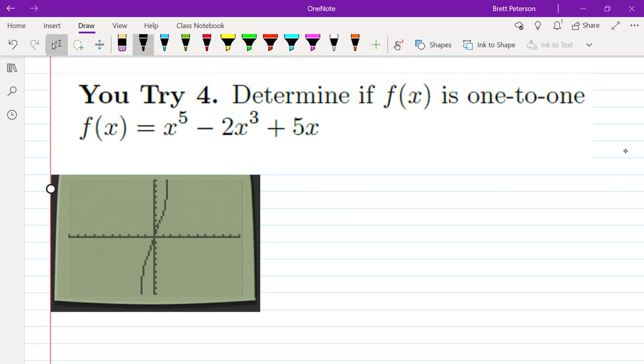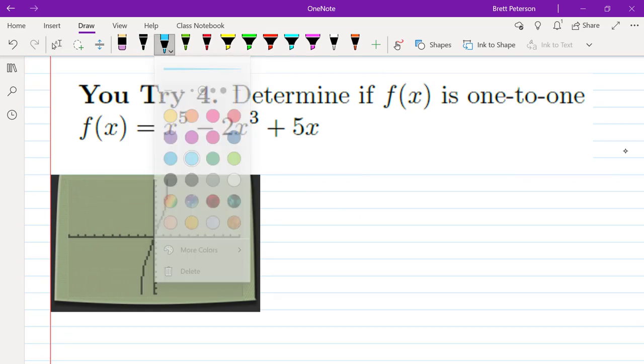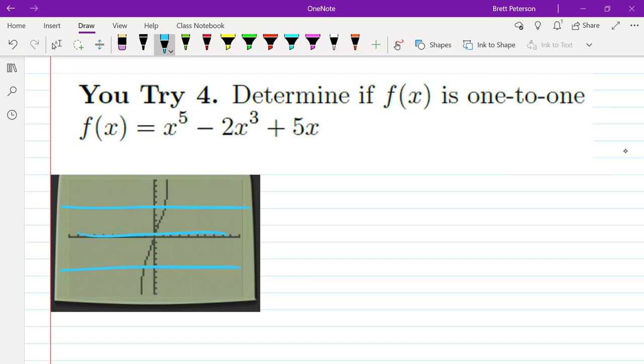We end up with a graph that looks like this, and this one appears to pass the horizontal line test. So we would say it's 1 to 1.